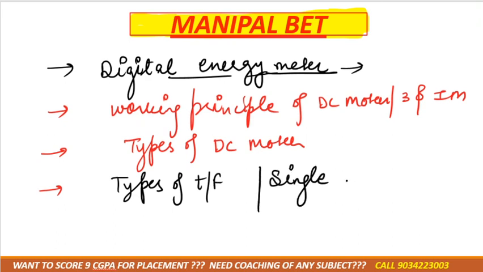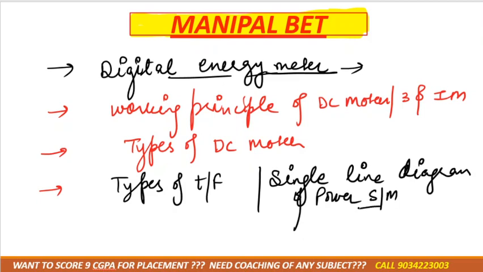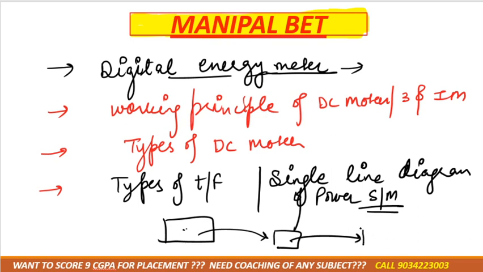The one question they'll always give you is the single line diagram of the power system, which is related to the transformer only. Remember I told you in Punjab we have Bhakra Nangal Dam. From Bhakra Nangal Dam electricity is transmitted to Delhi, then from Delhi further to different parts of Delhi, like that.